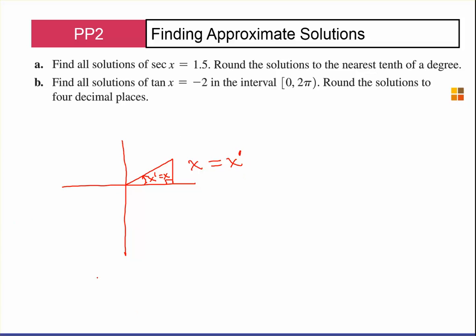So the reference angle here is actually equal to the actual angle that we have here. Let me go on to the second quadrant and we'll see the difference. If I'm in quadrant 2 and I figure out that my reference angle is x prime, how do I figure out this angle here?